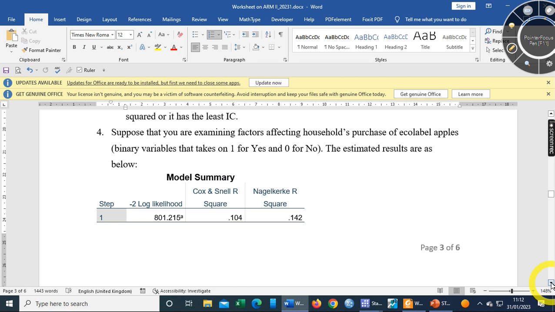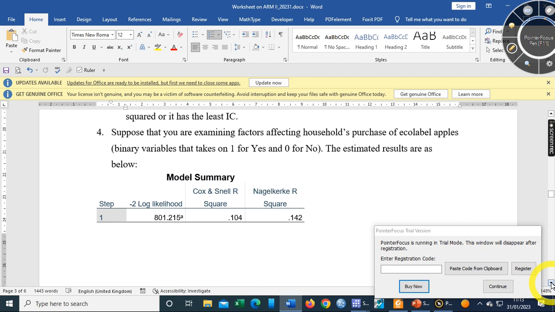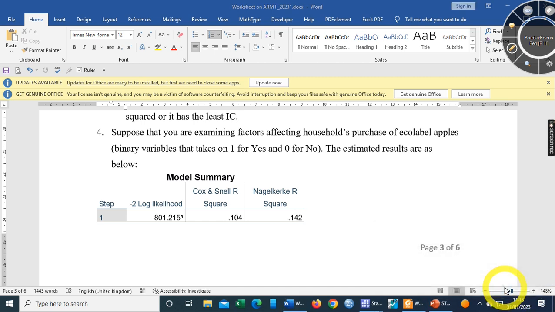Suppose you are examining factors affecting households' purchase of ecolabel apples. Ecolabel apple means environmentally friendly apple. The dependent variable is binary.